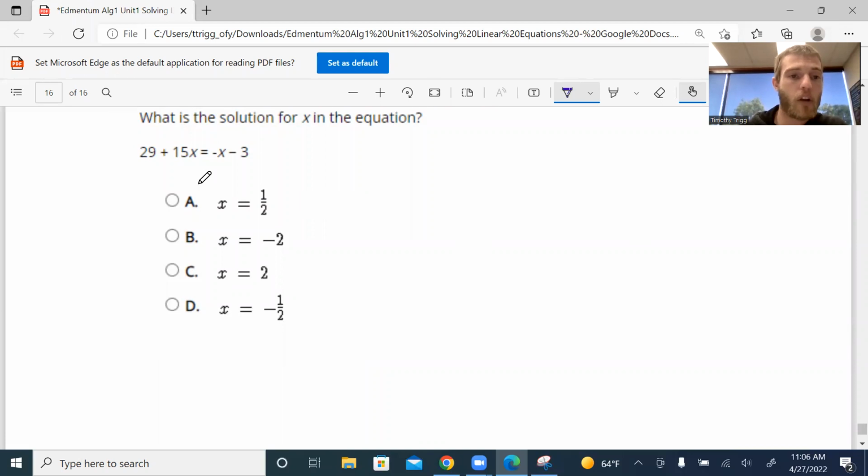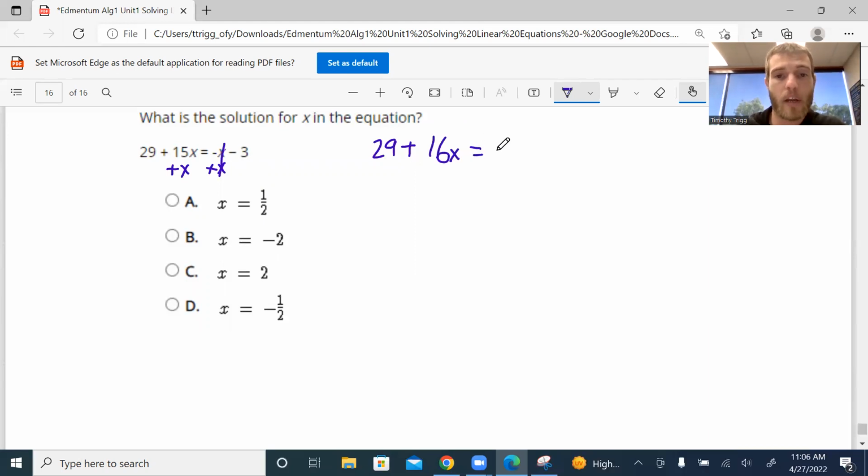Last one. Here, once again, I see that there are x's on both sides of the equation. So I'm going to go ahead and add x to both sides. This cancels on the right. And adding x here gives us 29 plus 15x plus another x is 16x.